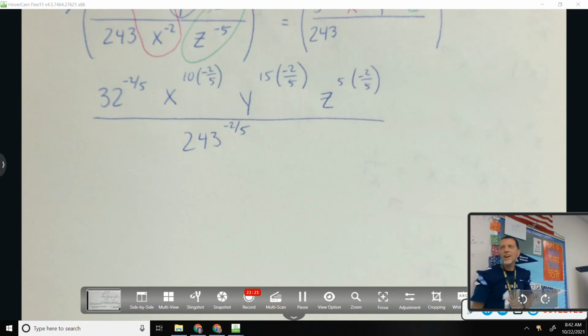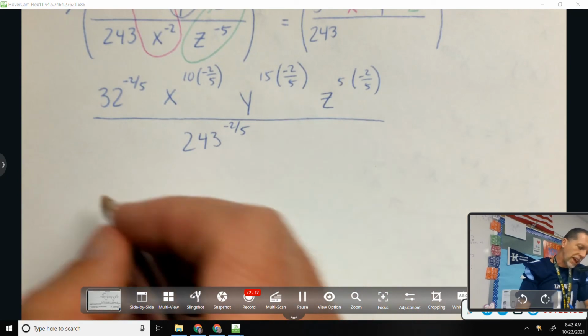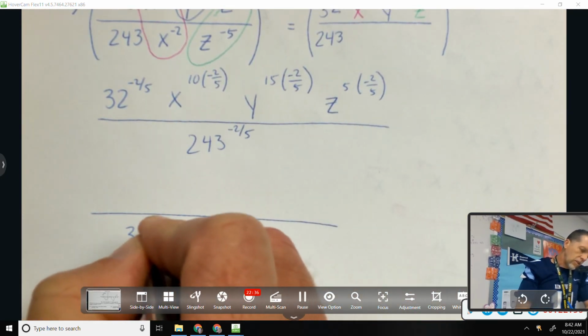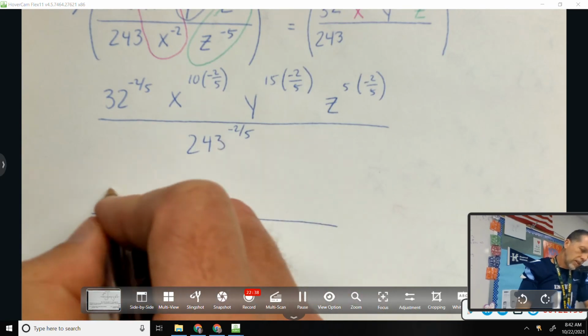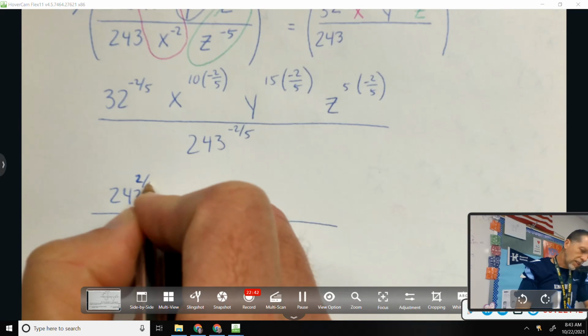Who's flipping sides top to bottom? Everything that's negative. Yeah, everybody is flipping. But then the ones that are multiplied to a negative, what do they do? So everybody's going to get flipped because of the negative. So 32 to the 2/5 in the bottom. 243 to the 2/5 in the top.